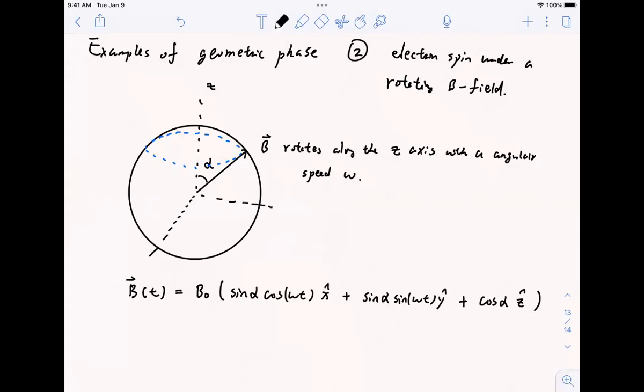You just decompose it into the x and y components, and then you can just rotate.